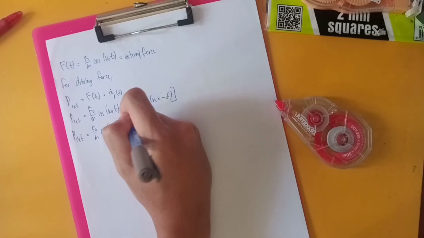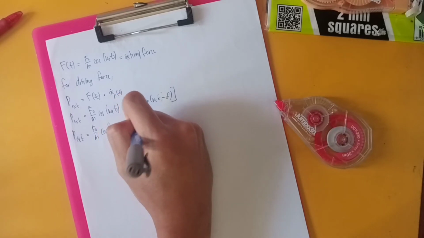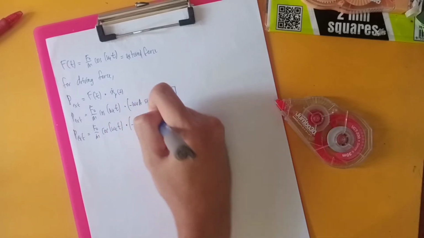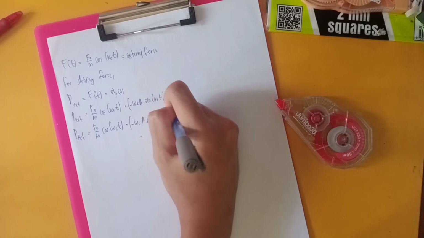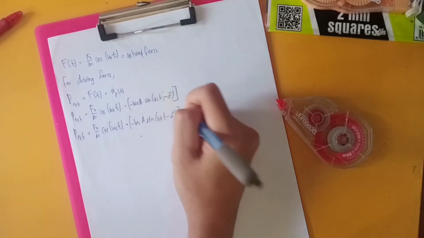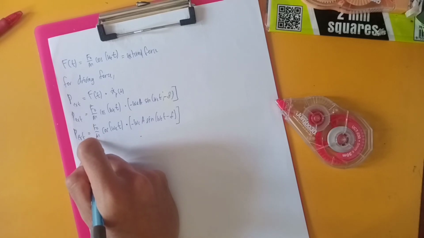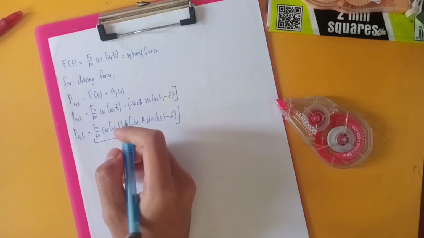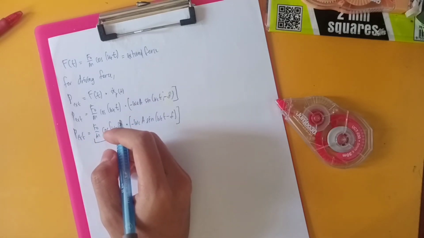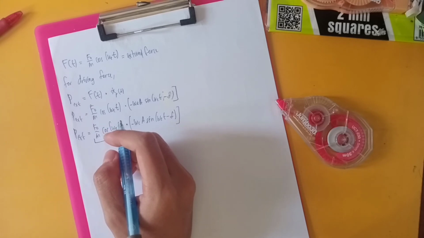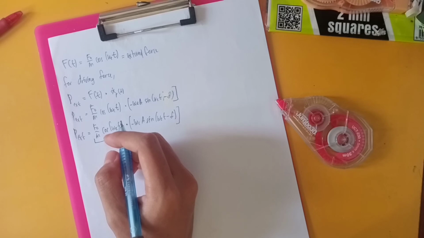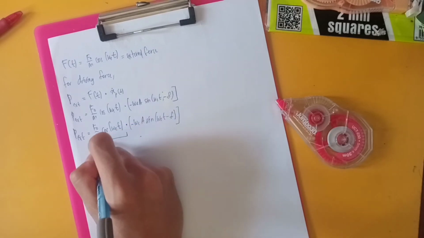And we know that the F naught over m cos omega_e t is equal to such a long equation. If you remember again, okay. It should be, wait, never mind. No. I'm so sorry. Don't look at this.